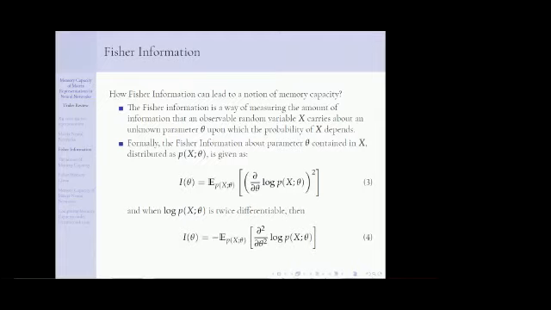If the probability distribution changes much more with theta, then x has much more information about theta. If it does not change much, then there's not much information about theta in x.